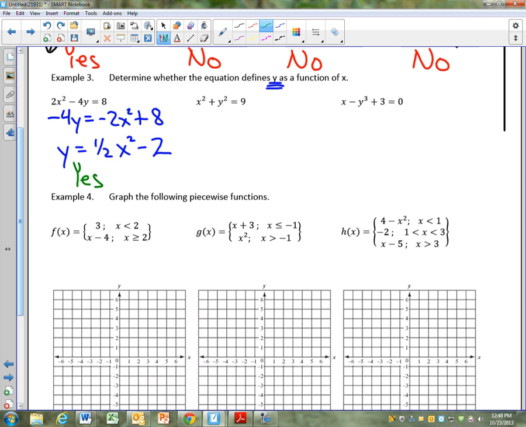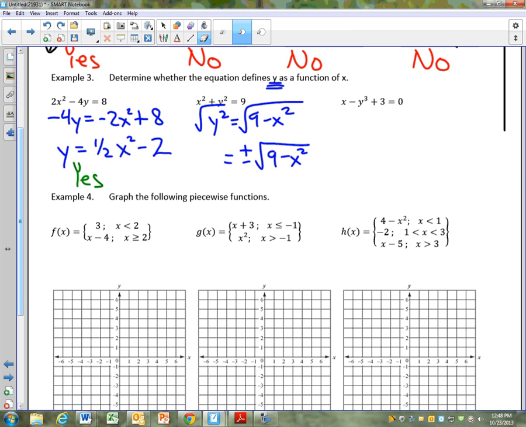But watch what happens for the next one. If we solve for y, we get y squared is equal to 9 minus x squared. If we square root both sides, we get y equals the plus or the minus, because square roots have two solutions, of 9 minus x squared. Now give me a number. 2.